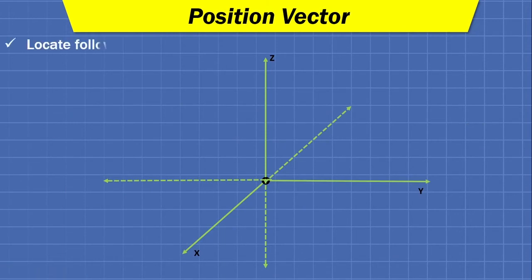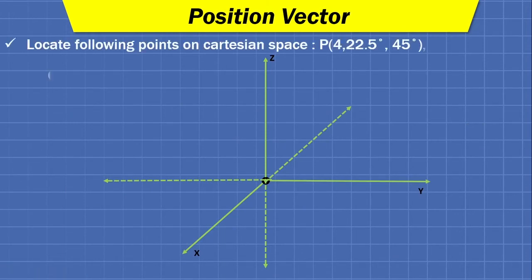Now position vector. Here is an exercise that we are going to locate 2 points in the spherical system, but as per our practice, I will show you how to locate a point. Fine. So I will show you the location of P, and location of Q you will do on your own. So the radius for point P is defined as 4 units.